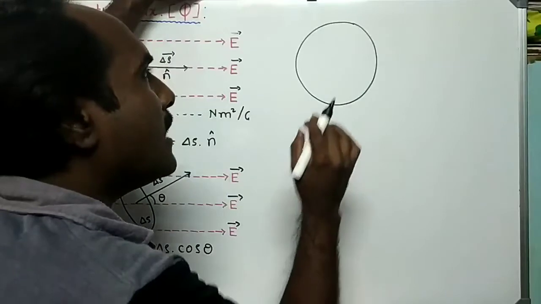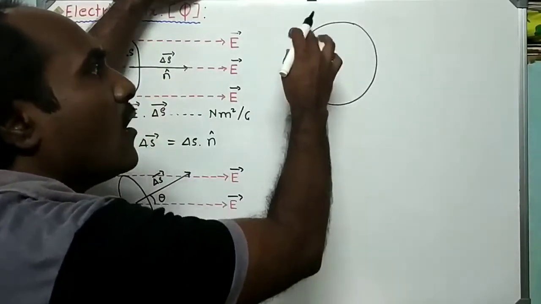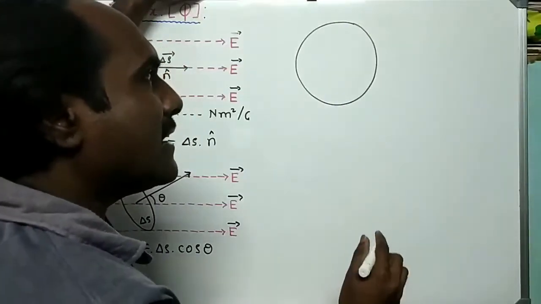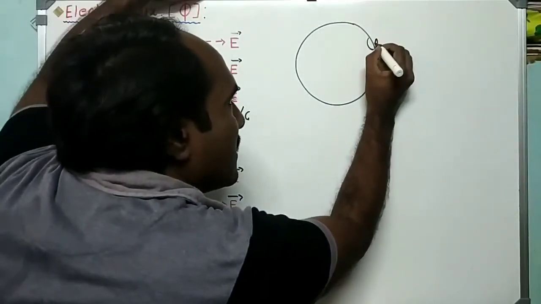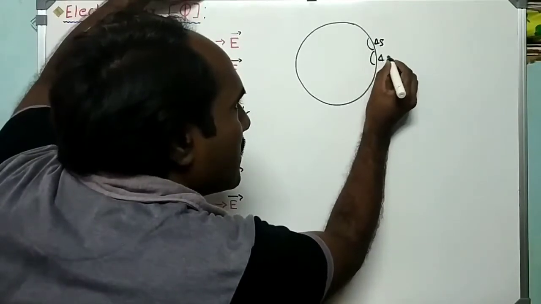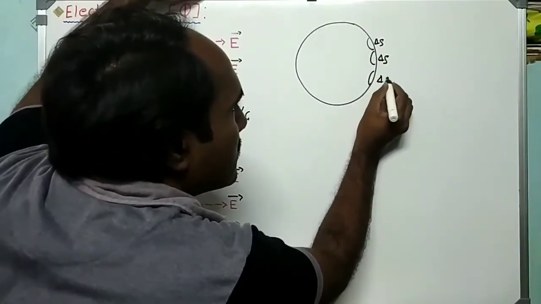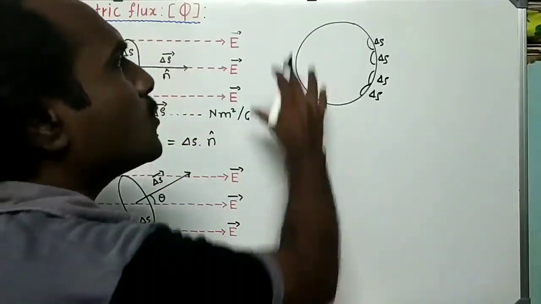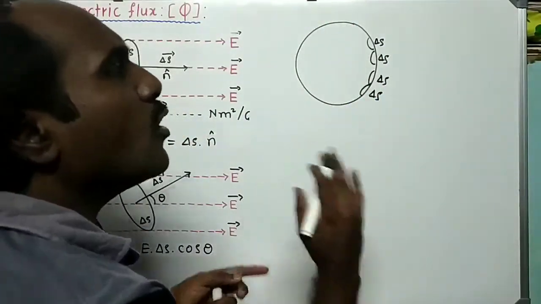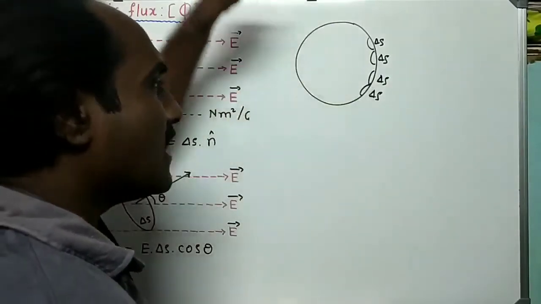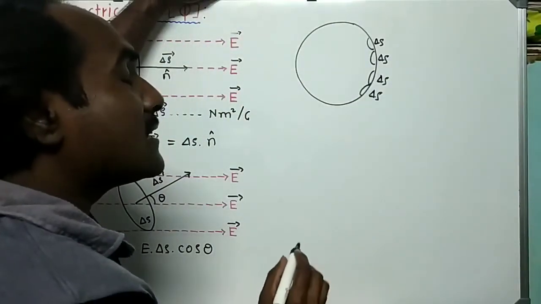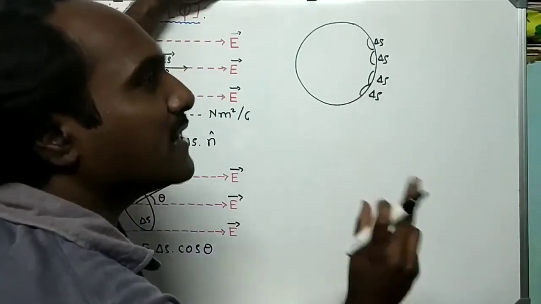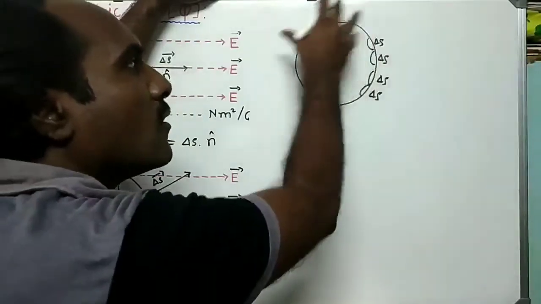We have to divide the total surface area of this conductor into small area elements, each of area delta S. That is, this is delta S, this is delta S, this is delta S. In this way, you divide the total surface area into small area elements, each of area delta S. Then you must take the summation of electric flux across each delta S. That gives the total electric flux of this conductor.